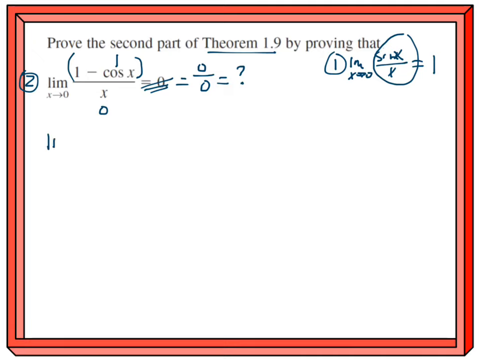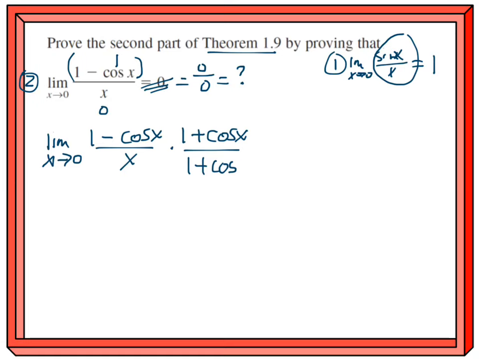That's what we're going to multiply by, the top and the bottom. So the limit as x approaches 0 of 1 minus cosine x over x, the original problem, we're going to multiply by 1 plus cosine x over 1 plus cosine x.